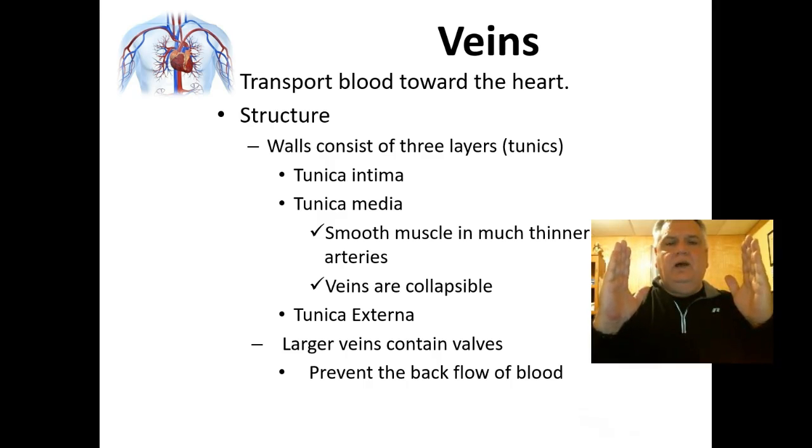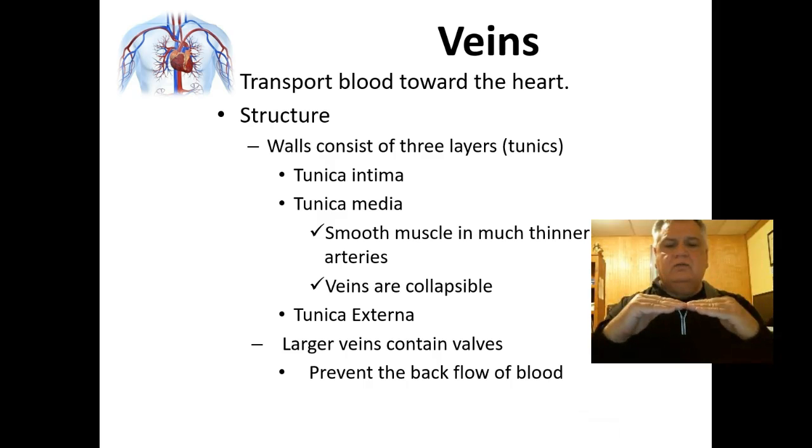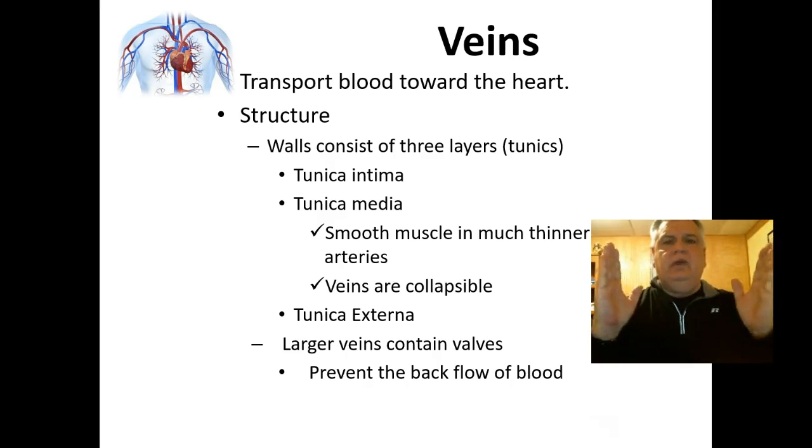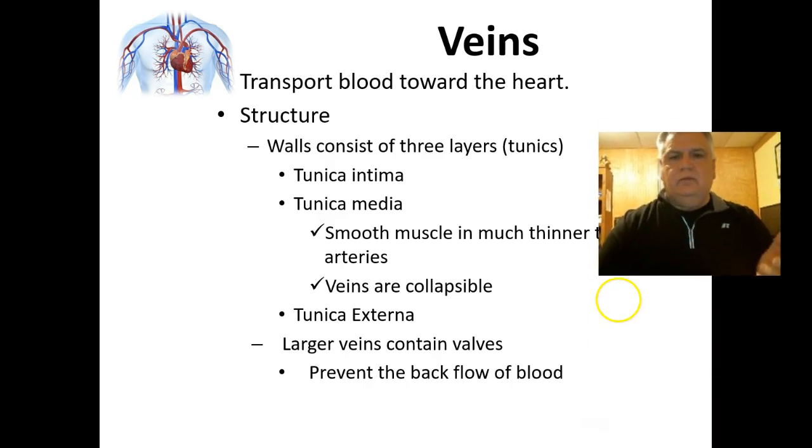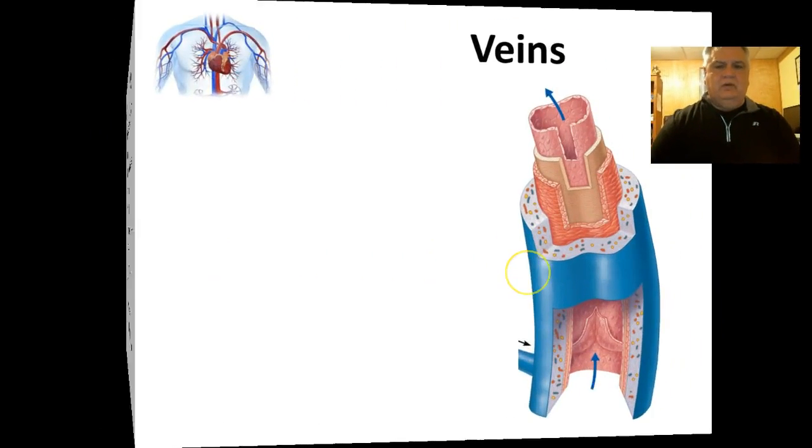Then when the heart relaxes and the blood pressure drops, the weight of the blood pushes back down on the valve, which closes and stops the blood from falling back down through the vein all the way to where it came from. In this way, by opening and closing with the beat of the heart, this allows the blood to continue to move back toward the heart and not fall back due to gravity. Okay, hope that makes sense to everyone.